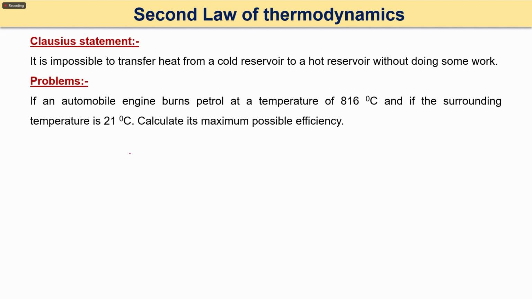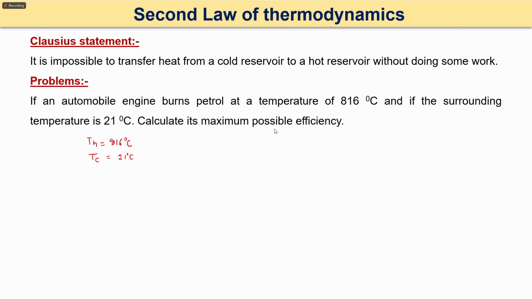So the temperature, that is your TH, is 800 degrees Celsius. Okay, and it is transferring heat to the surroundings, and the surrounding temperature, that is TC, is 21 degrees Celsius. Okay, so now we are asked to calculate its maximum possible efficiency.